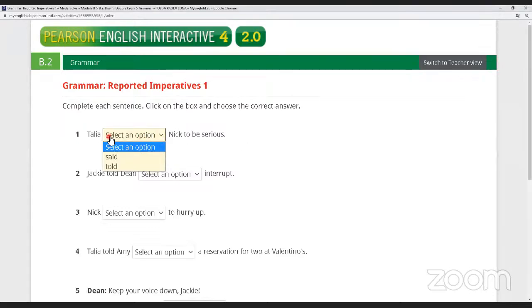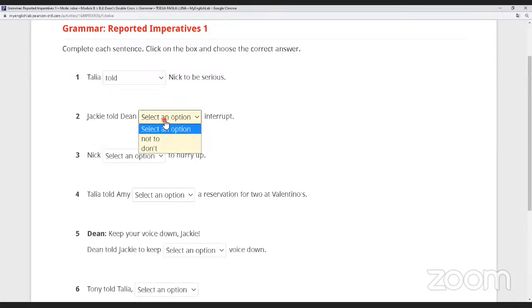Number one. Talia told Nick to be serious. Jackie and Dean, but not to interrupt.